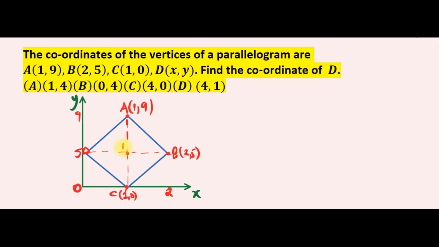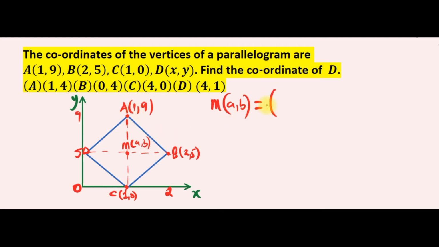So let's call the coordinate of the middle M. Let's call this A, B. Remember from our coordinate geometry, the coordinate of the middle is always the average of the x coordinates and the average of the y coordinates.